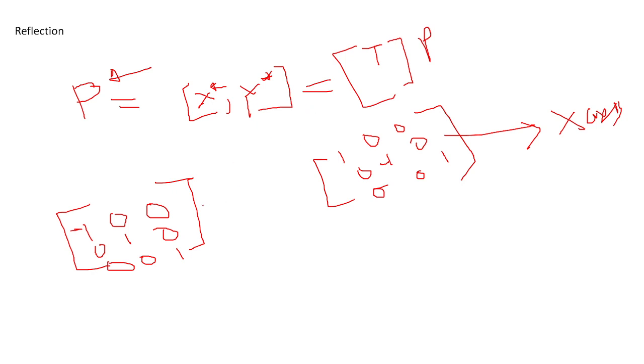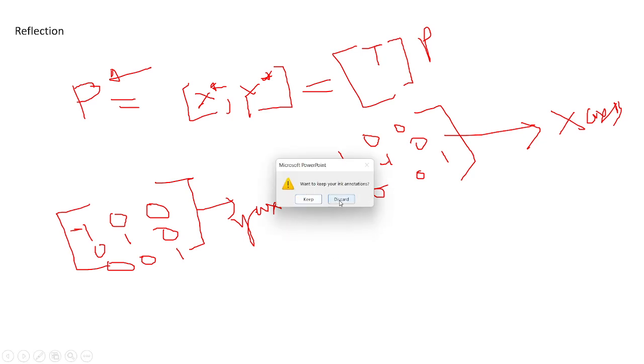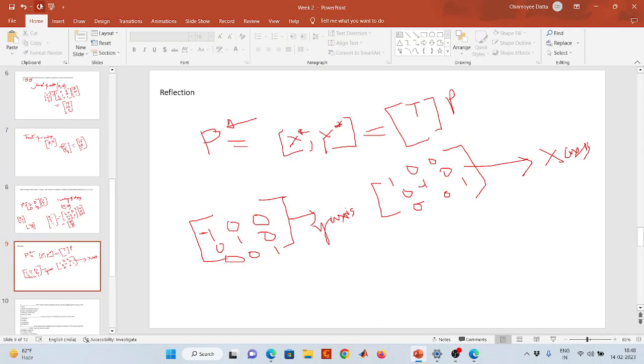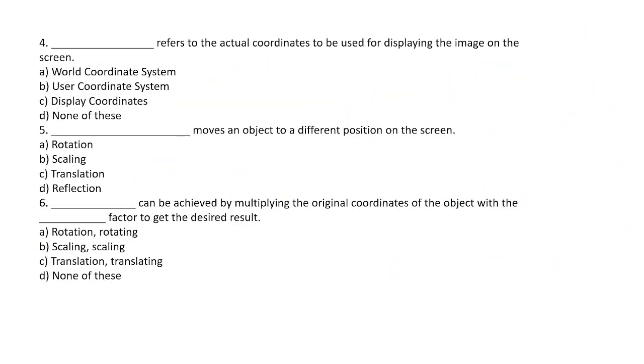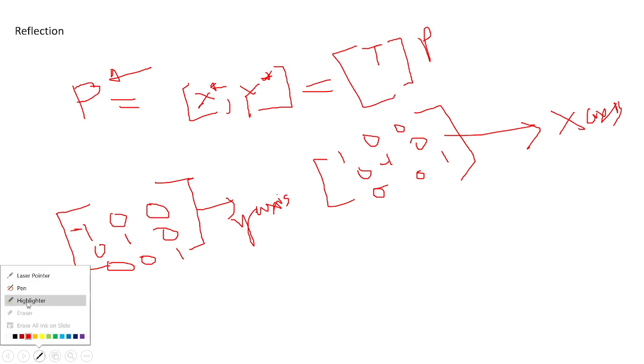So you need to be very careful about that while solving any numerical in reflection. Say for example, find the reflected position of the triangle 3 comma 4, 6 comma 4, 4 comma 8.